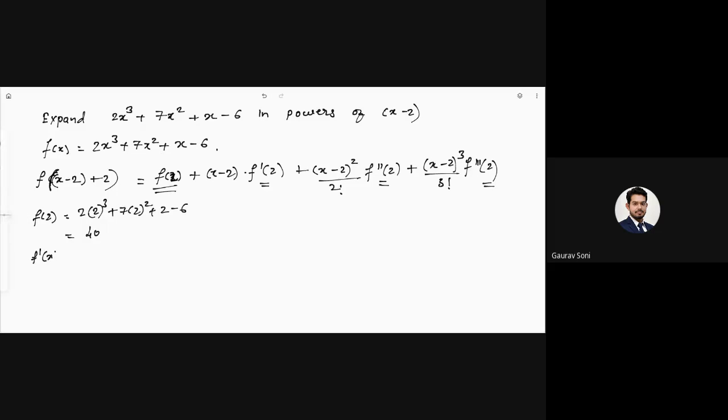What is f dash of x? F dash of x is 6x square plus 14x plus 1. So f dash of 2 will be equal to 6 into 2 square plus 14, 28 plus 1. 24 and 28, so that will be 53.